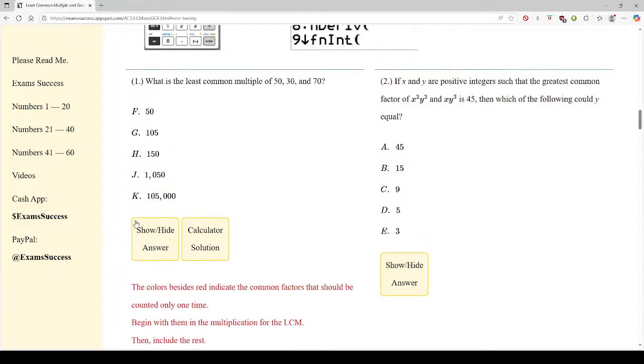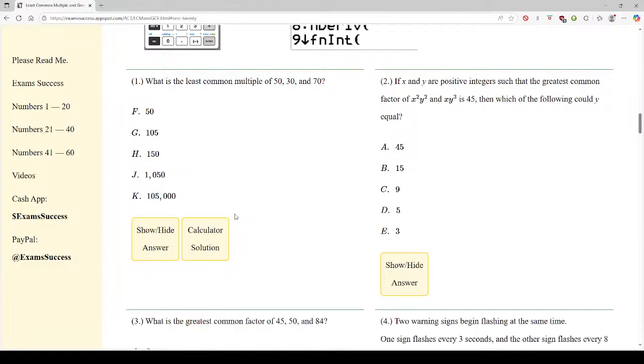They asked us here to find: if x and y are positive integers such that the greatest common factor of x squared, y squared, and xy cubed is 45, then which of the following could y equal?